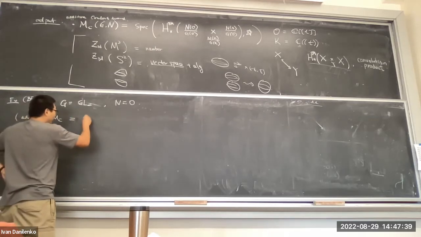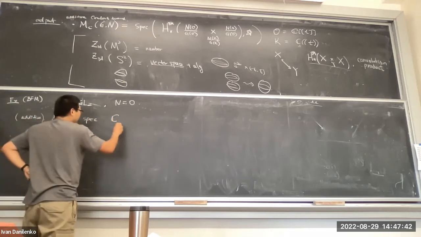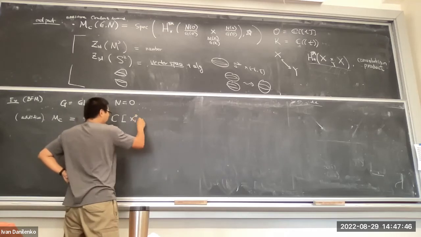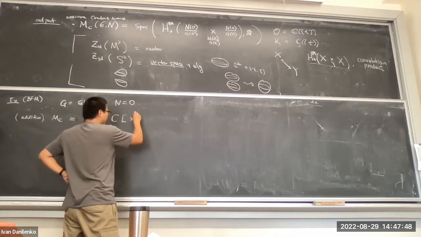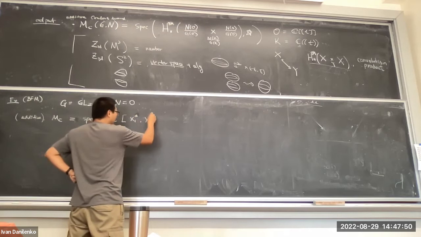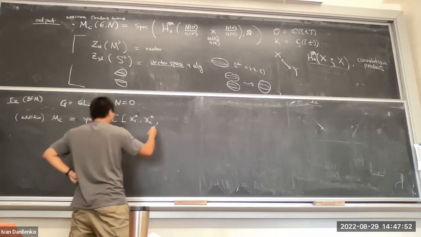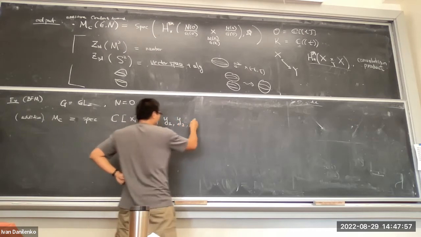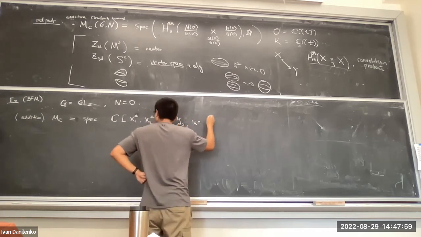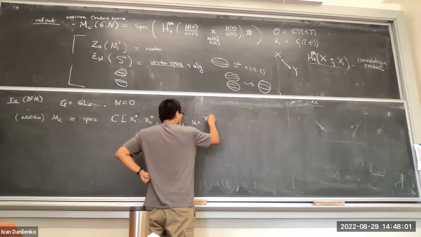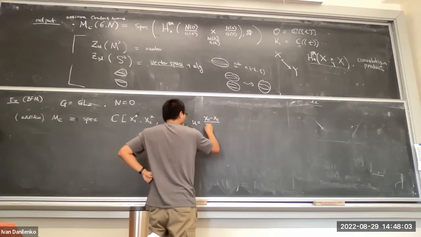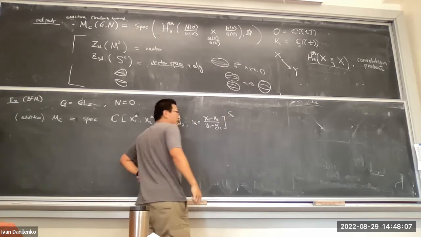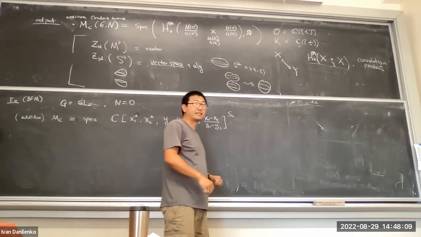So it's going to have a coordinate ring of C of invertible variables x1^±1, x2^±1, and then some ratio variables y1, y2, under the S2 action, which permutes the indices 1, 2.